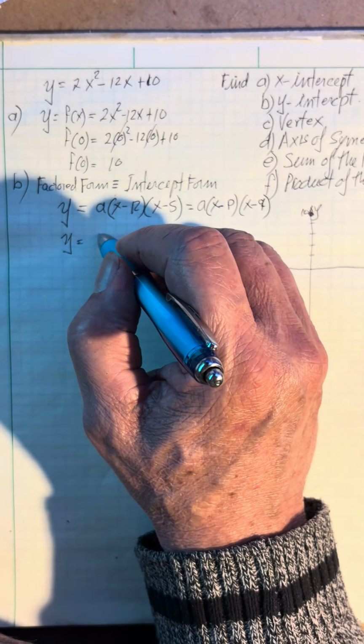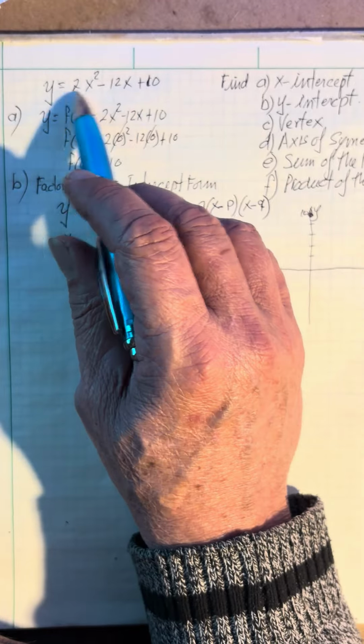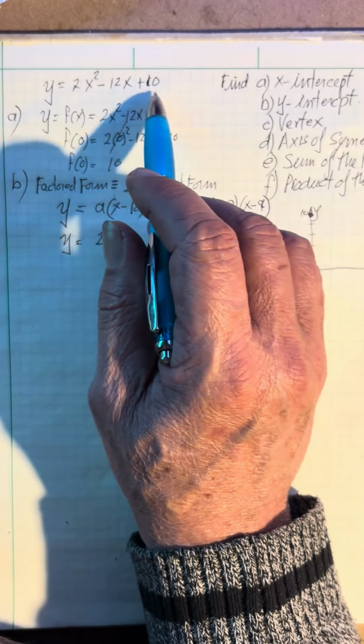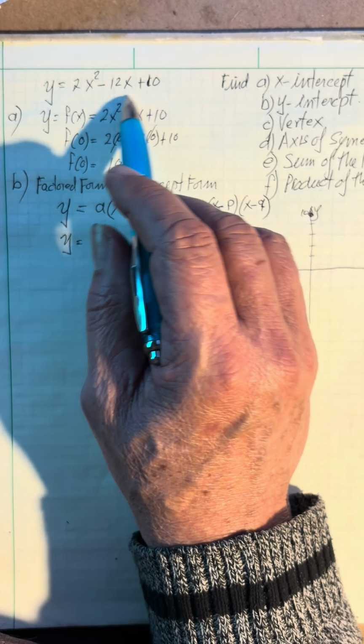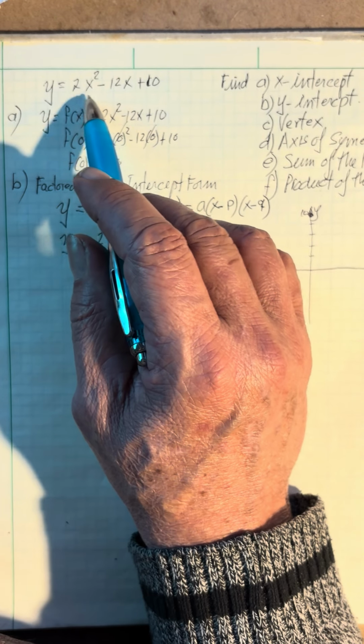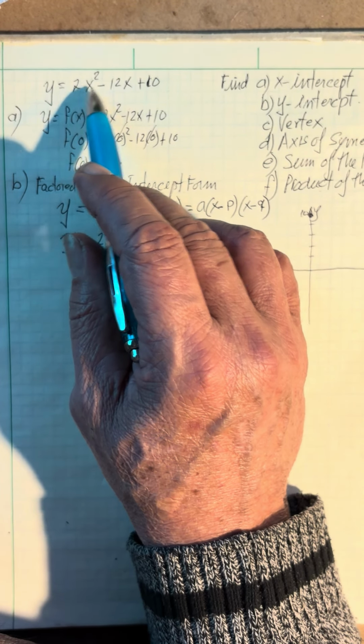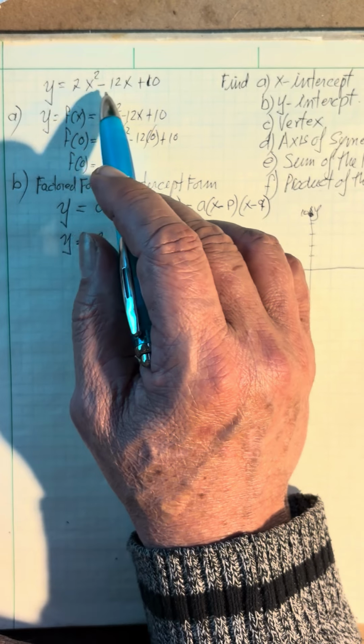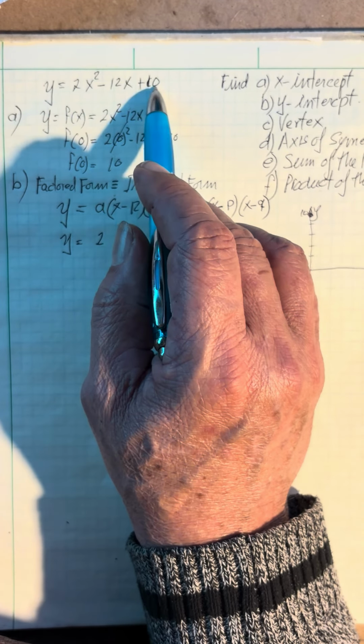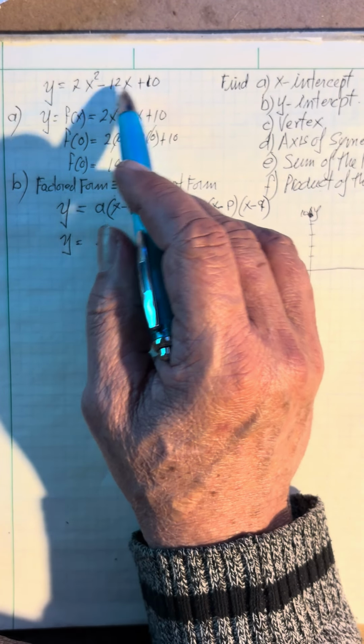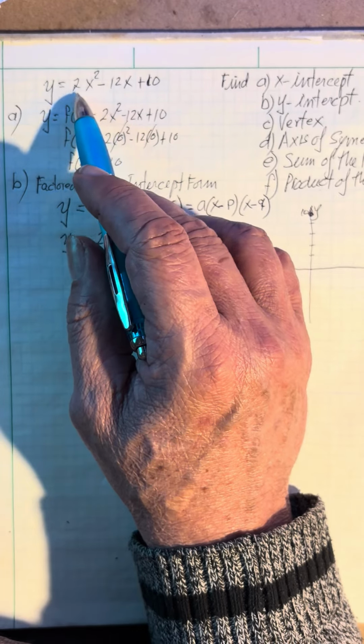So for that, we're going to write this. First, when we look at the standard form of the trinomial polynomial, we can see that we can factor a 2 out of the function. 2, 12, and 10 are all divisible by 2.